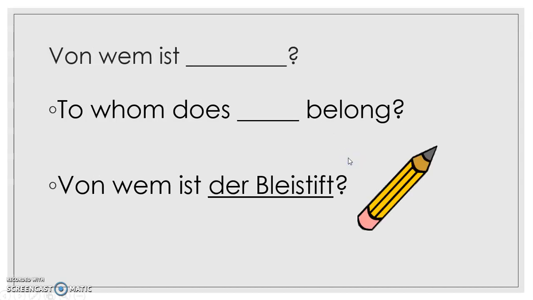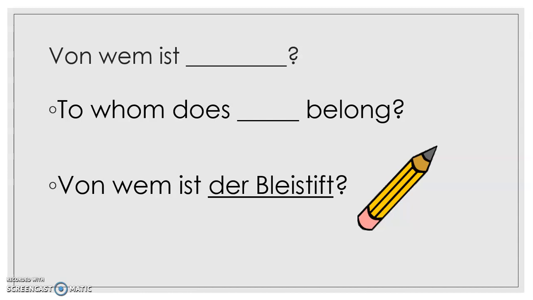Okay, so our question is "von wem ist" and we have a blank. This is our question that we would ask if something belongs to someone, or we're trying to find the owner of an object. In English, we would say, to whom does an object belong? In German, we say "von wem ist."